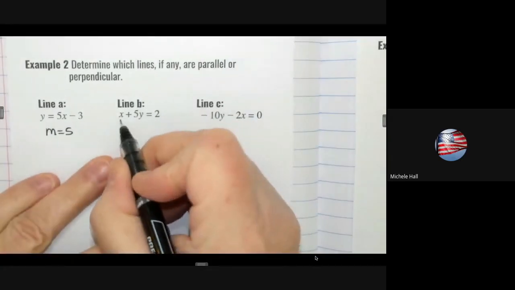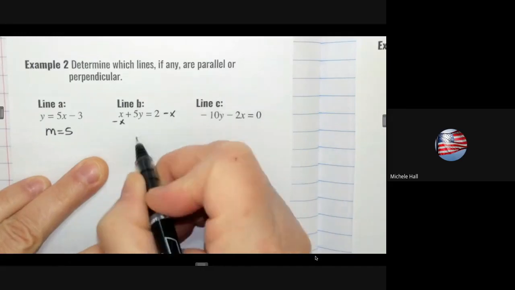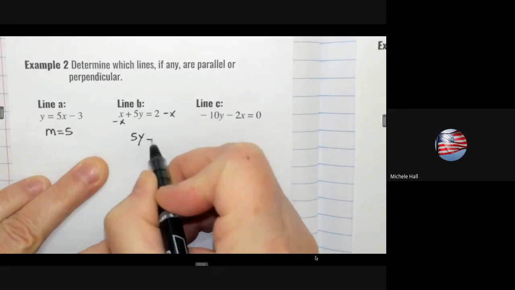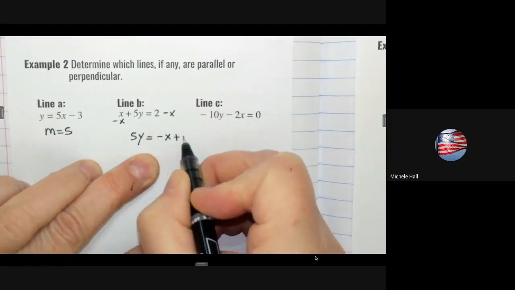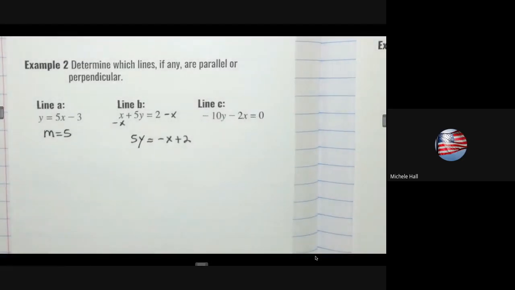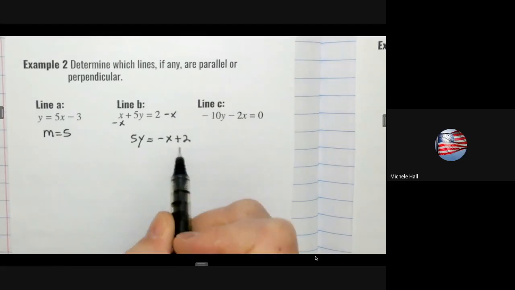I'm going to put the x on the right-hand side, so I'm going to subtract x. We have 5y equals, I'm going to put my x first, negative x, and a positive 2. So my slope is negative 1? No, I need to make sure that y is by itself. So I'm going to divide all three terms by 5.